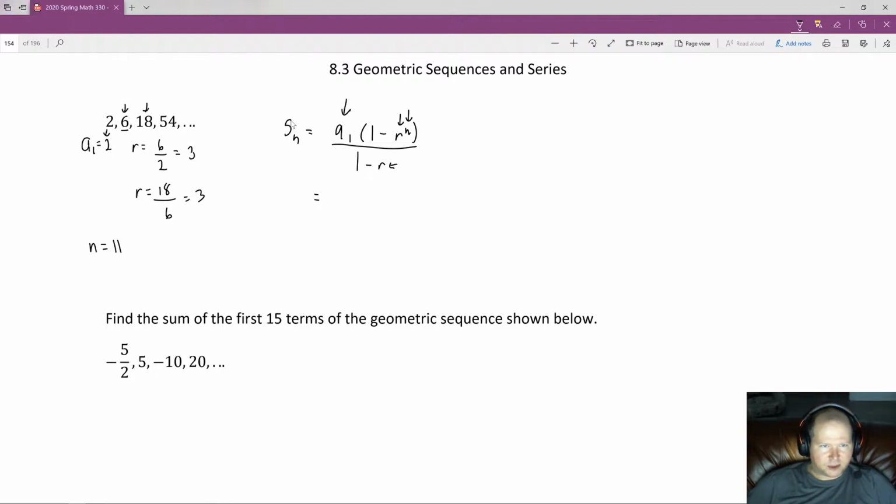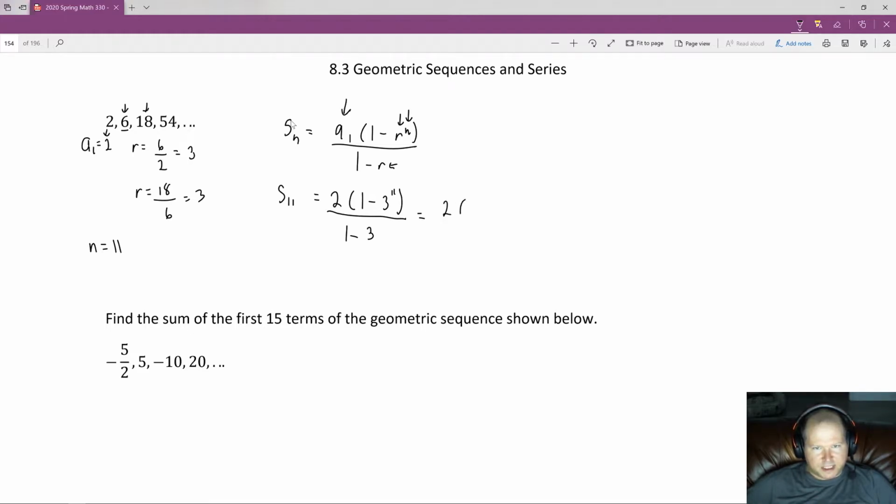Okay, so let's plug it in. We're looking for the 11th term in the sequence. So A1 is 2, times 1 minus R, R being 3, to the n power, n is 11, all over 1 minus R, R being 3.